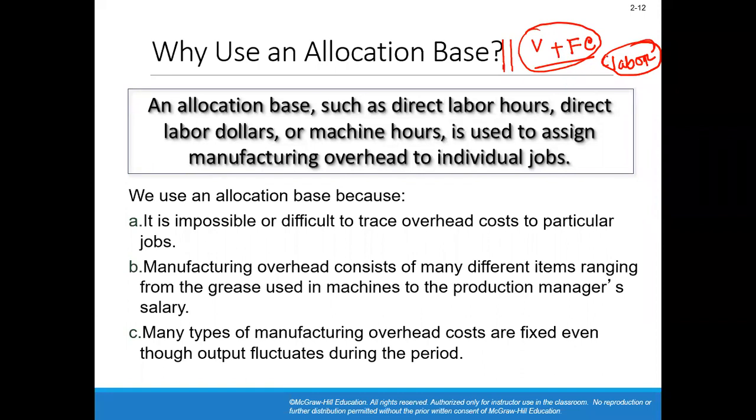So this is one idea, but sometimes there is an issue that your manufacturing cost is dominantly influenced by the machine hours. In that case, count the machine hours as an allocation base.